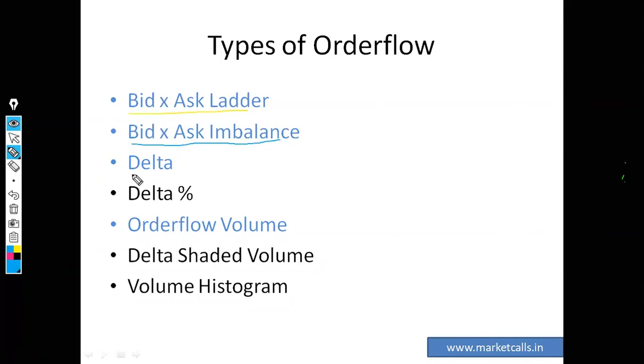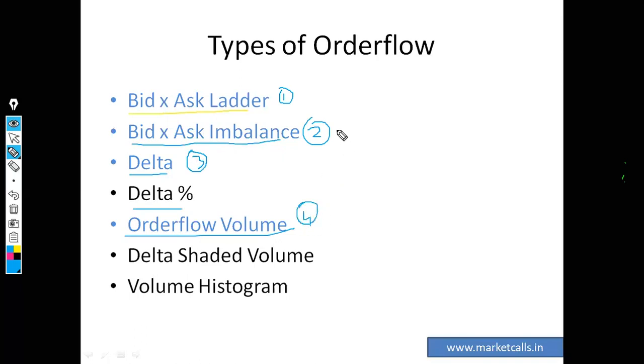And next comes delta. Delta is another representation of order flow. Delta percentage, and order flow volume. These are the common types, whichever is shaded in blue: the bid ask ladder, the bid ask imbalance, and the third one, the delta. These are quite commonly used among most market participants.